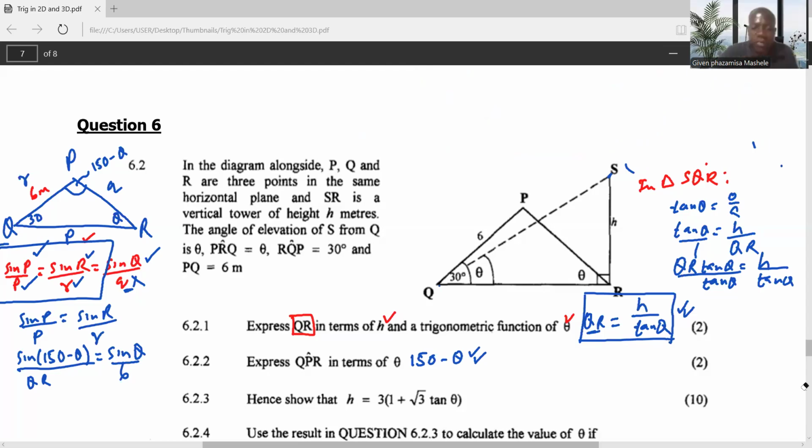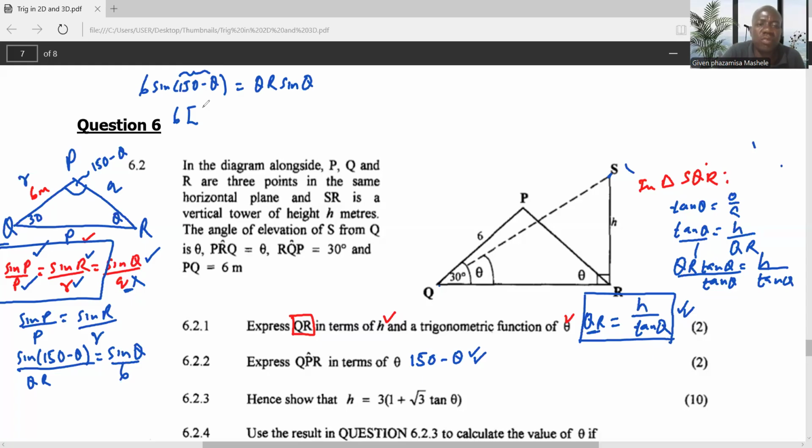When you cross multiply, this would be 6 sine of 150 minus theta equals QR sine theta. By the way, 150 minus theta is not a reduction formula. It means this is a compound angle, so we have to expand it using the compound formula.